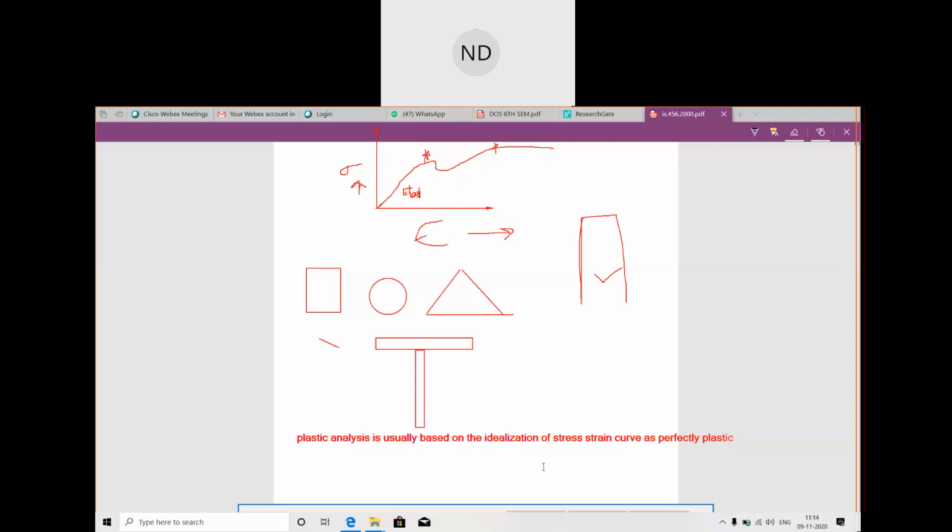The basic principle, if you see, is this.